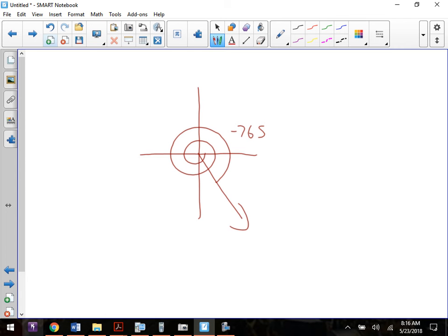Anyway, so here's a nice dead giveaway. What do you think the reference angle is going to be? Why do you think it's 45? Because there's a 5 in it. So that's got to be 45 degrees.